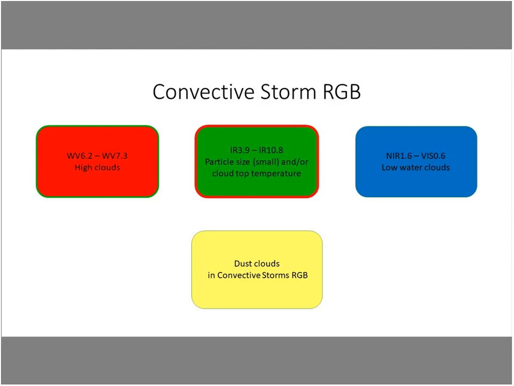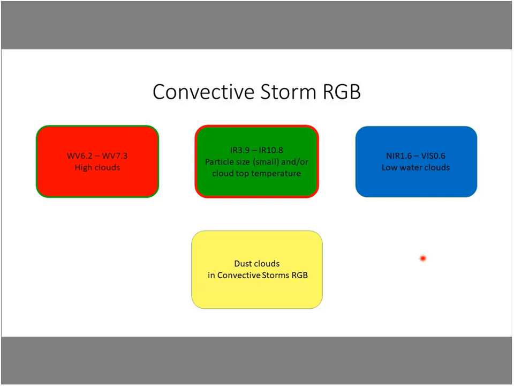So that means that we have high clouds with small particle size, and that actually means that the dust from Sahara is increasing the number of condensation nuclei and the reflectivity because of that in the infrared 3.9 grows, which brings the green color in perspective, and combined with the red gives us the yellow contribution.